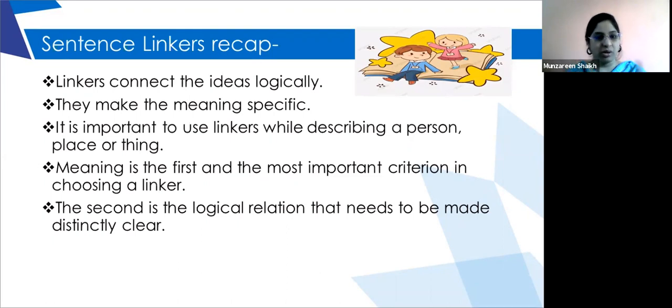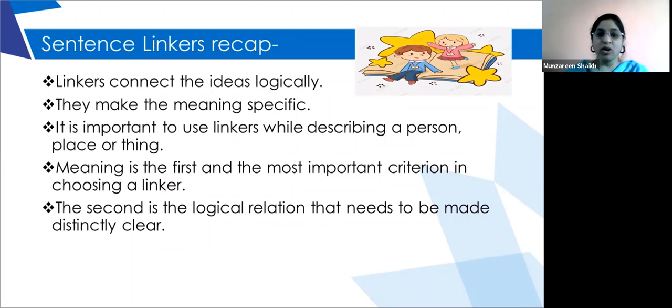Next, meaning is the first and the most important criterion in choosing a linker. Whenever you are selecting a linker, you have to note the meaning of the sentence, because that's the first and most important criterion.